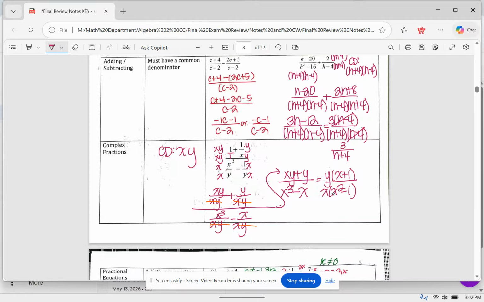And it looks like I can factor this even further by doing a difference of 2 squares. So just lots of factoring. What you guys should be noticing then is that the x plus 1's drop out, and my final answer is y over x times x minus 1.